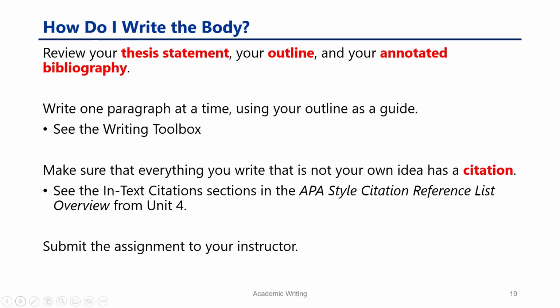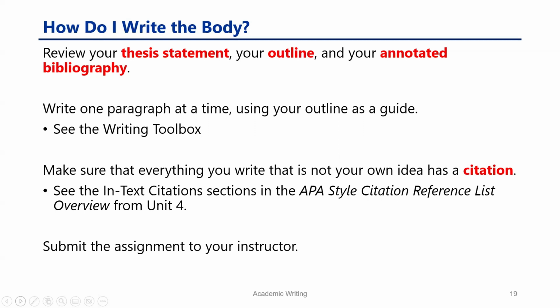To write the body, begin by reviewing your thesis statement, your outline, and your annotated bibliography. Then write one paragraph at a time using your outline as a guide. And if you have trouble, see the writing toolbox that we just went over.